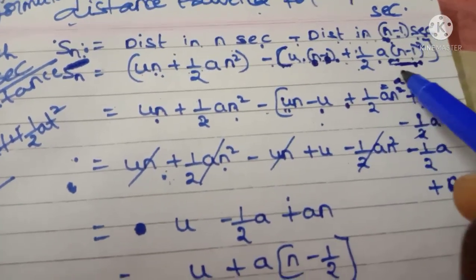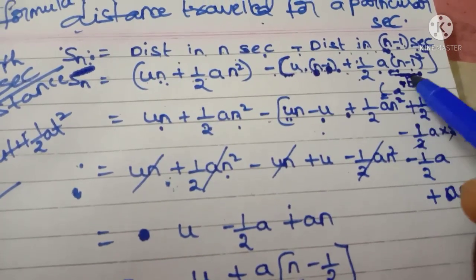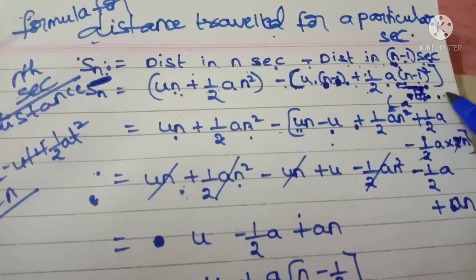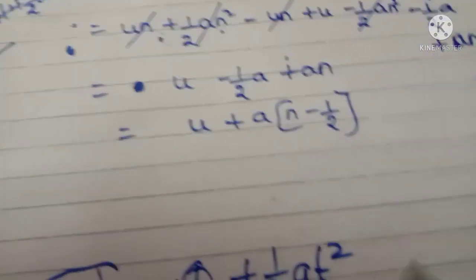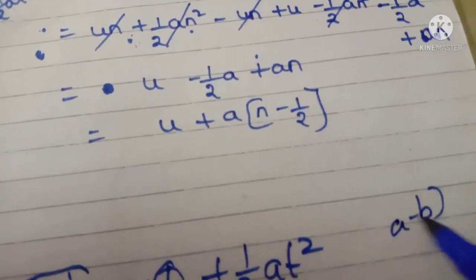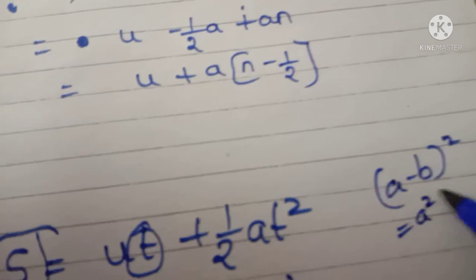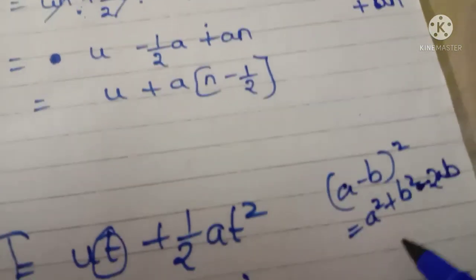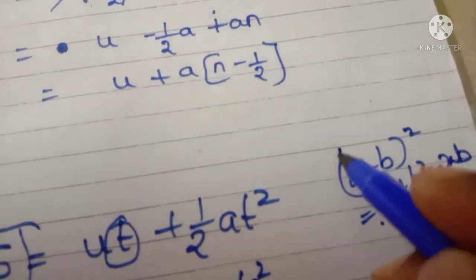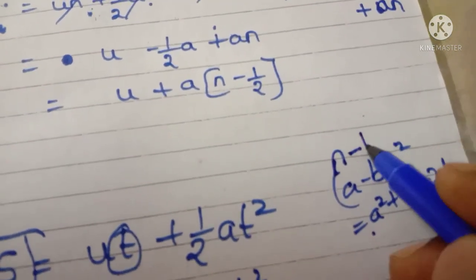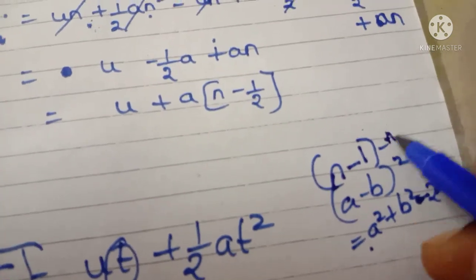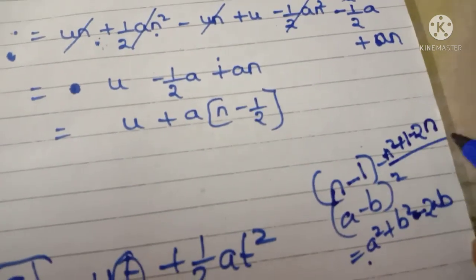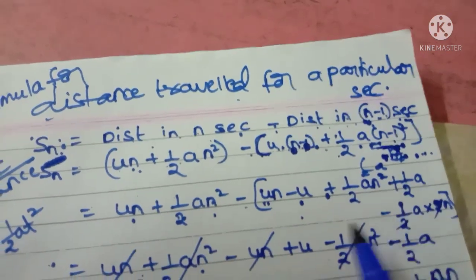Here a minus b whole square is equal to a square plus b square minus 2ab. In place of a I wrote n, in place of b I wrote 1. So n square plus 1 minus 2n. The same thing we will get here.